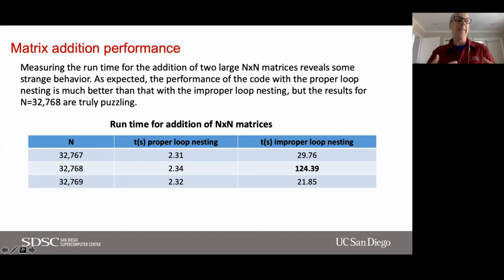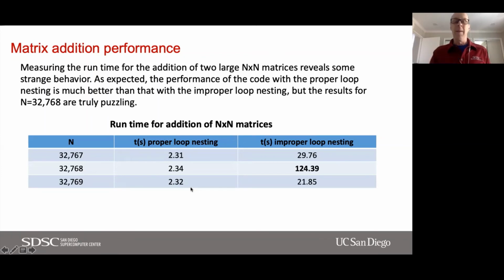This is a great illustration of how doing data access correctly, in an optimal order, can really impact the performance. Now you notice in the second column, the time for the proper loop nesting really doesn't vary as I make small changes to the size of my matrices. So when I go to 32,768, it's just a smidgen longer, probably within the noise.